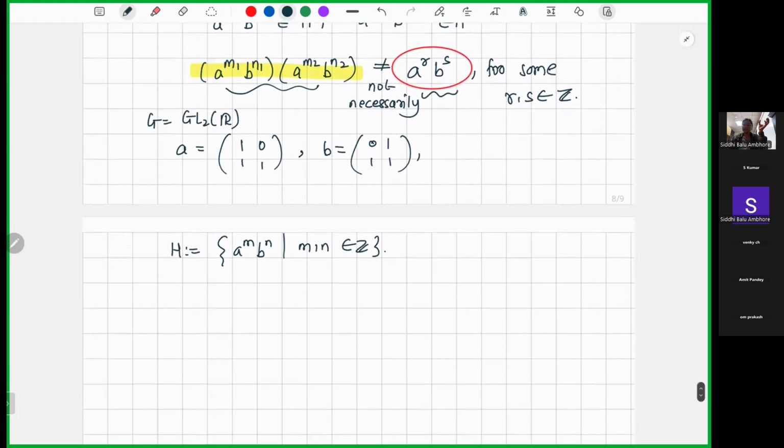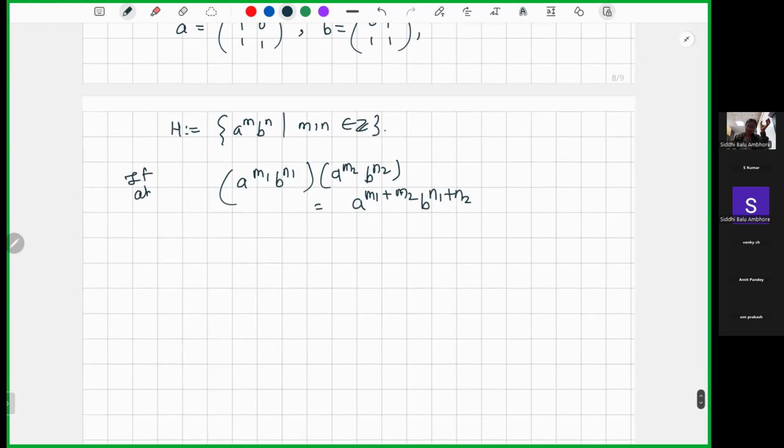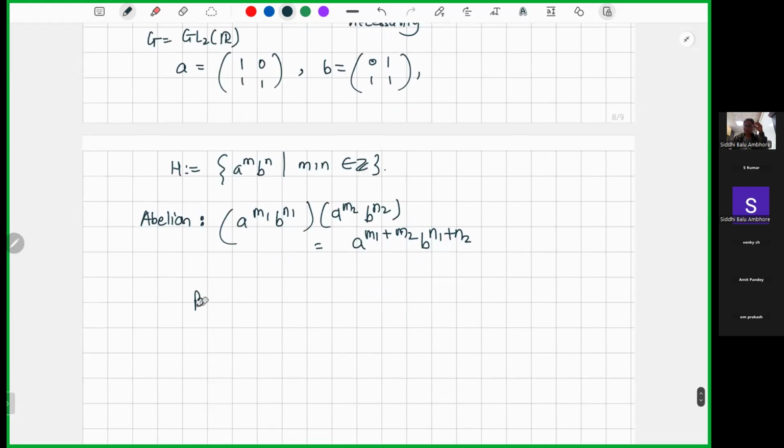Please understand this. If this was abelian, then this would definitely happen. If A power M1, B power N1, and A power M2, B power N2, then this becomes A power M1 plus M2, and this becomes B power N1 plus N2, if abelian. But this GL2R is not abelian.